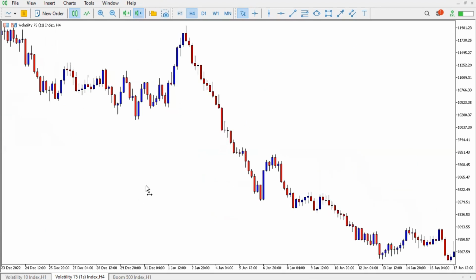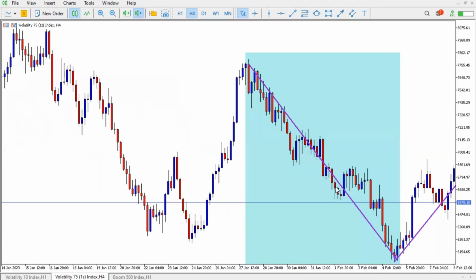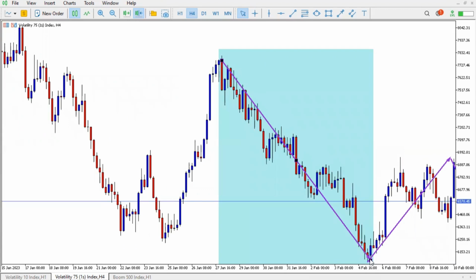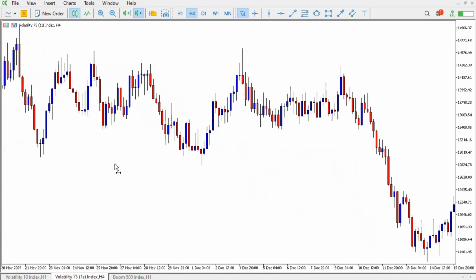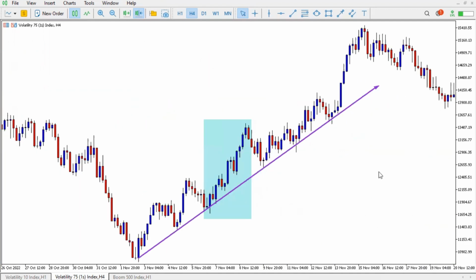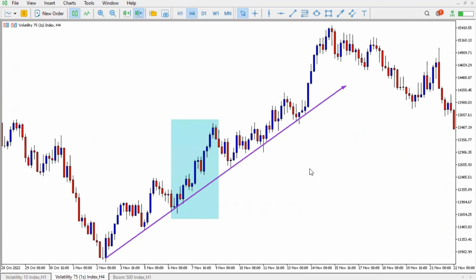Okay, you join it using the highs. Whereas for an uptrend, you join it using the lows. Okay, so that's how you draw a trend line for an uptrend.